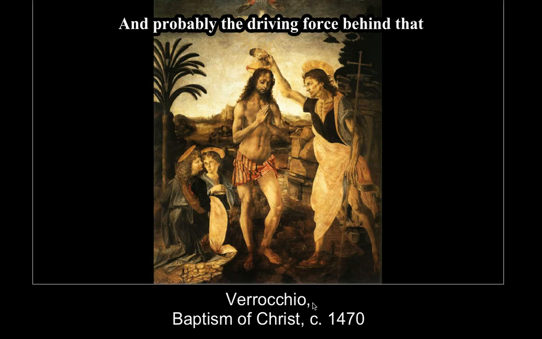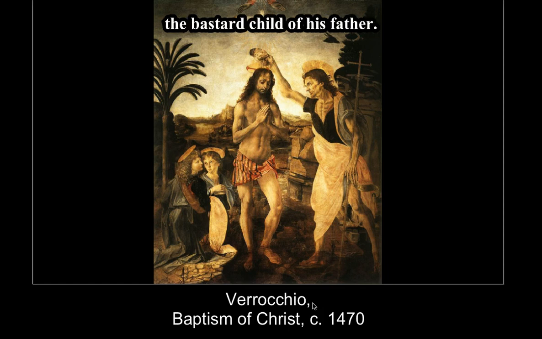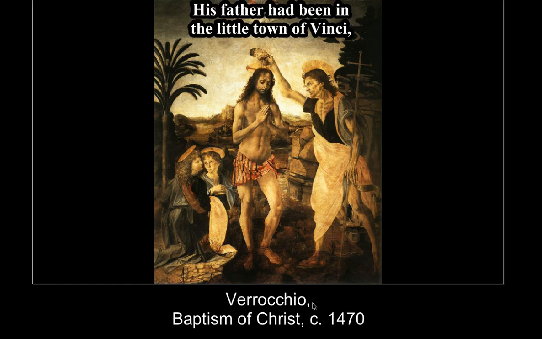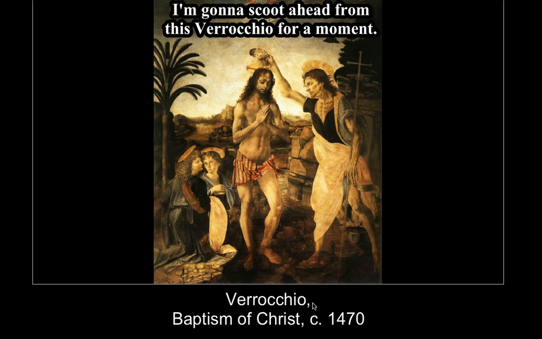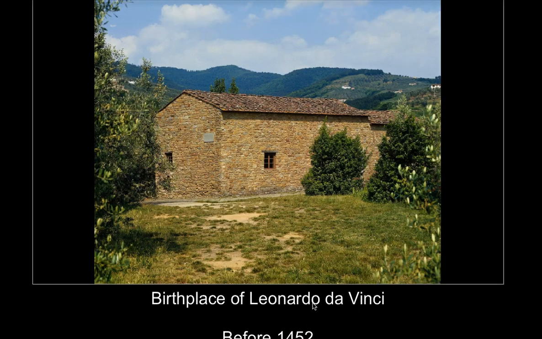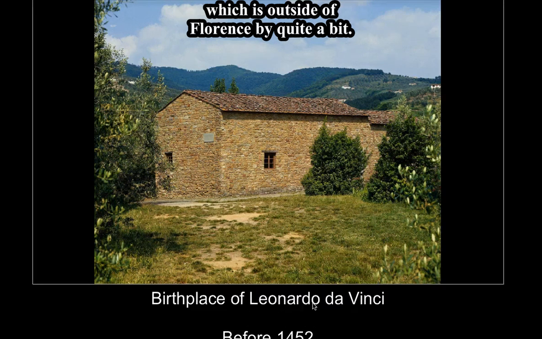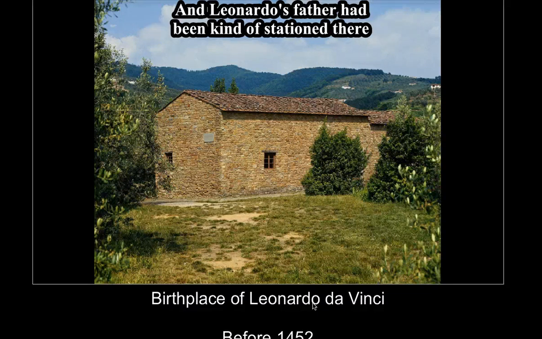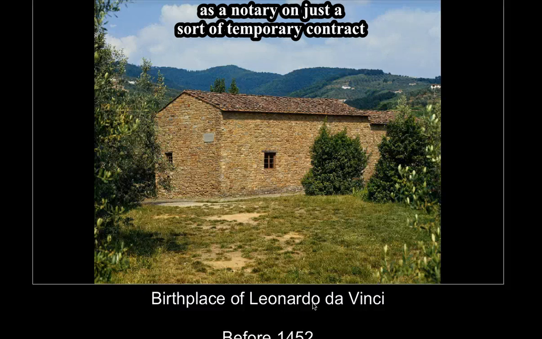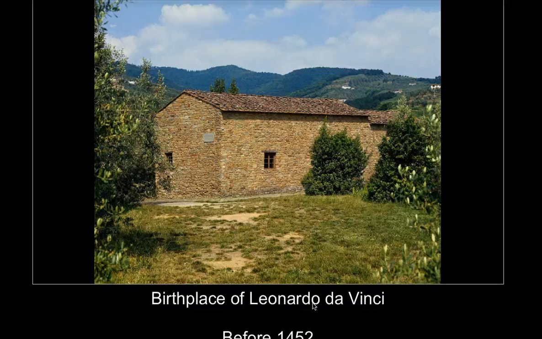And probably the driving force behind that is that Leonardo was, in fact, the bastard child of his father. His father had been in the little town of Vinci. I'm going to scoot ahead from this Verrocchio for a moment. Leonardo was born in this little house in Vinci, which is outside of Florence by quite a bit. It's out in the Tuscan countryside. And Leonardo's father had been kind of stationed there as a notary on just a sort of temporary contract.